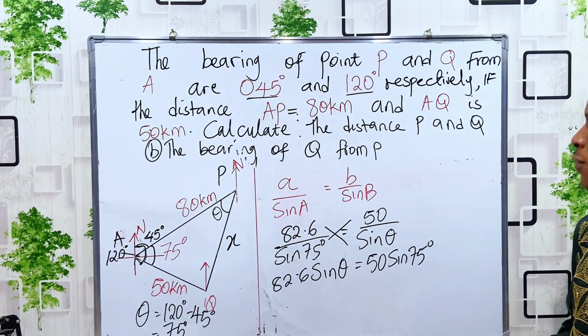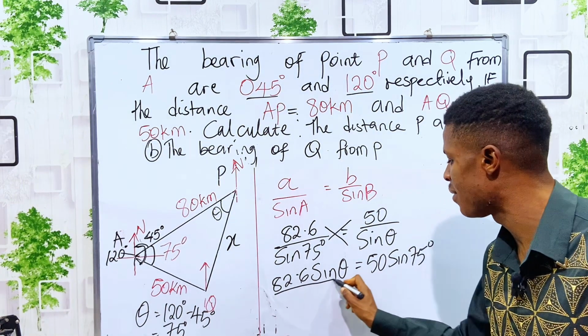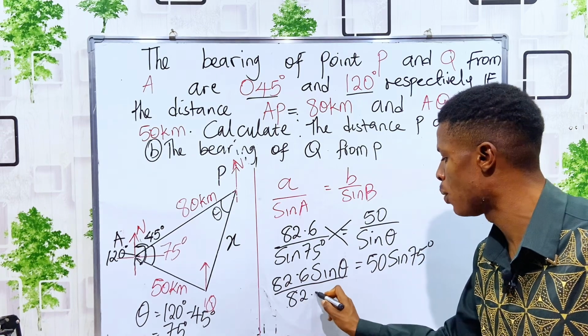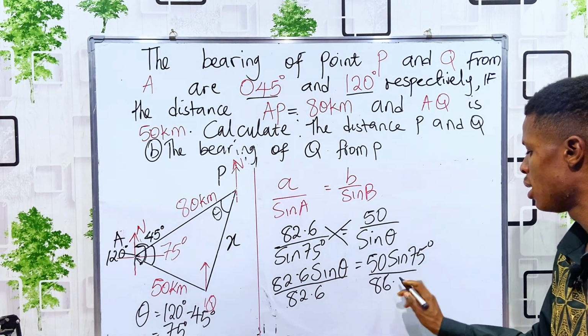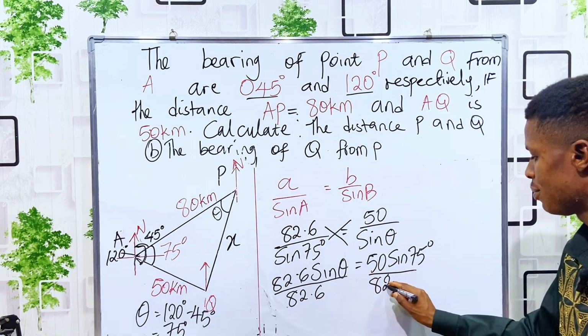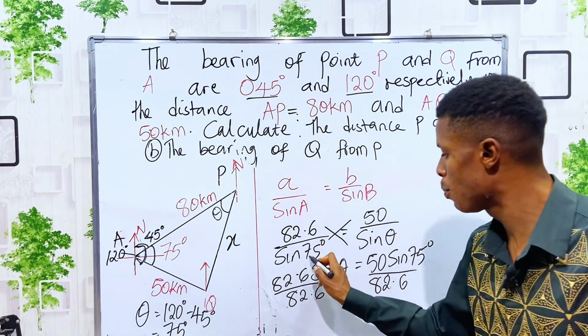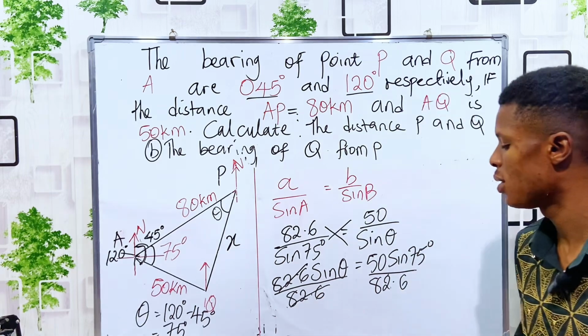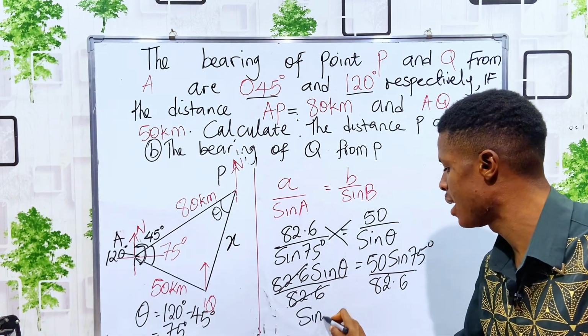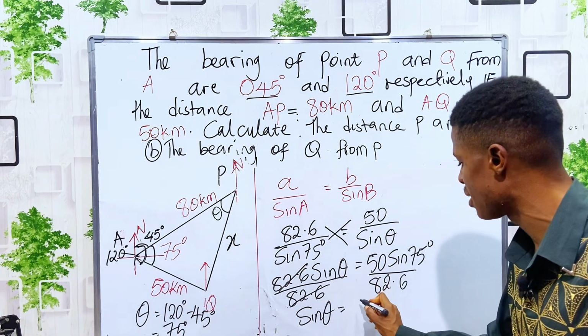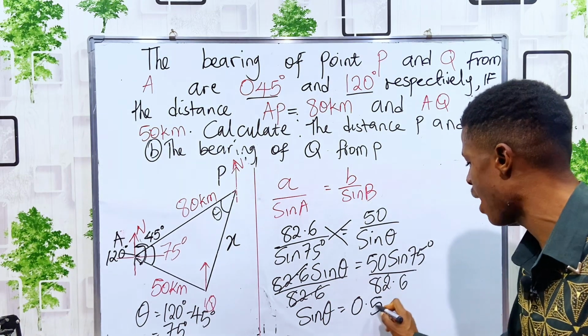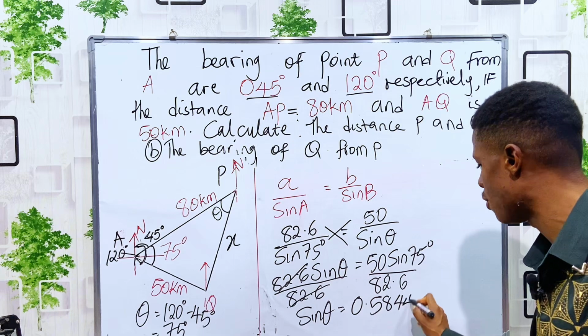So we simply divide through by 82.6, and 82.6 cancels out 82.6. We have sine theta is equal to, if you simplify this, 0.5844.